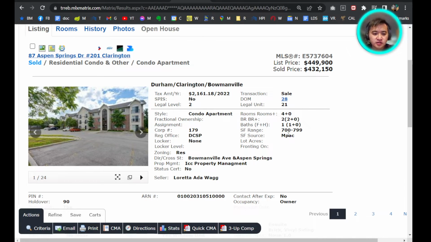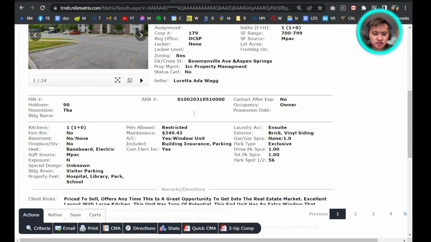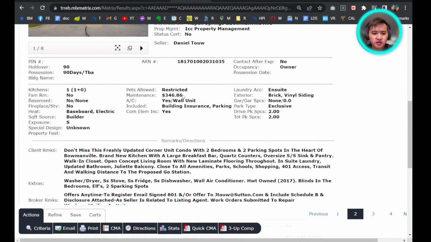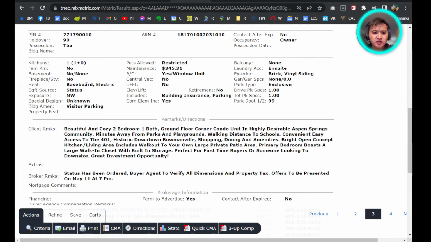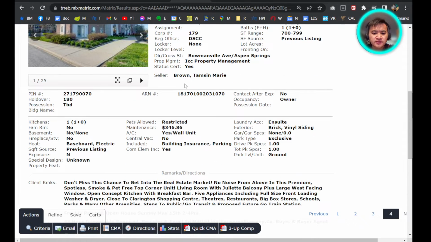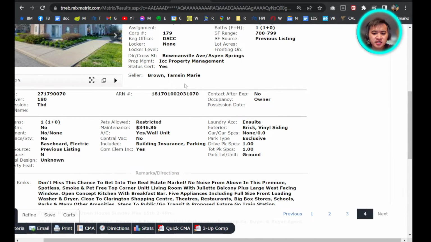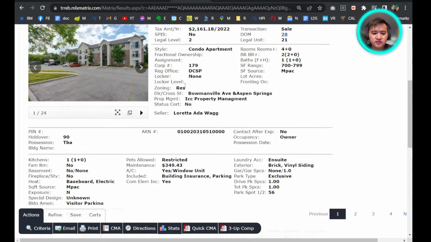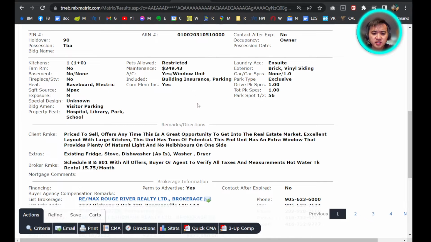So this is the unit. This is on floor 2. It also has window baseboard heating. Let me just go through all these comparables to make sure they're all wall baseboard, window unit. Yep. So none of them have central or gas heating. So that's standard with all the buildings here.